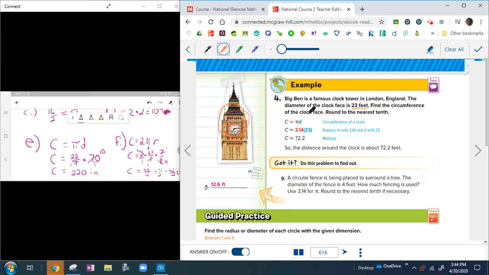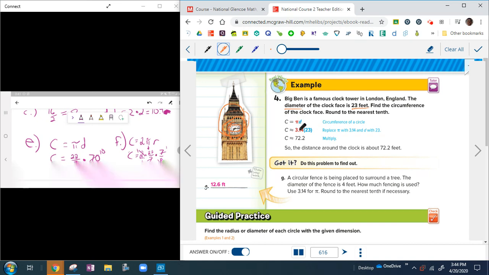One sec. Okay. So they give us the diameter. That's given. So we use this formula with the D in it. And because that diameter is 23, it doesn't play nice with the number 7 in the denominator. So we're not going to use 22/7 as our approximation. We're going to use 3.14 instead. All right. So replace the pi with your approximation for pi.